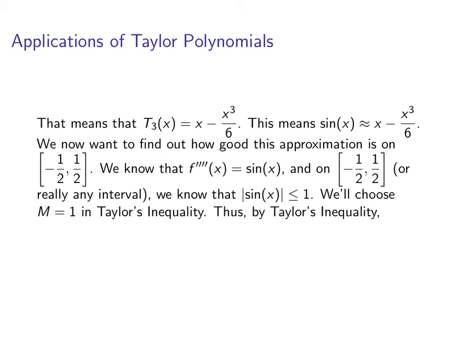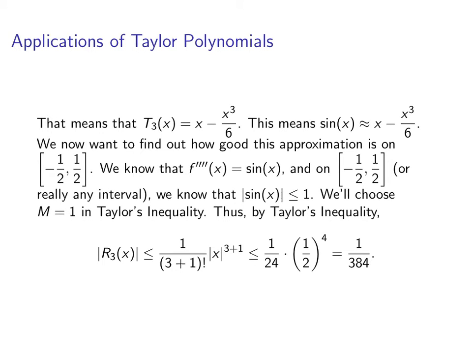So let's write out now what Taylor's inequality tells us. Taylor's inequality says that the absolute value of R3 of x is no bigger than 1 over n plus 1 factorial, remember, we're using n equals 3, times absolute value of x to the 3 plus 1.